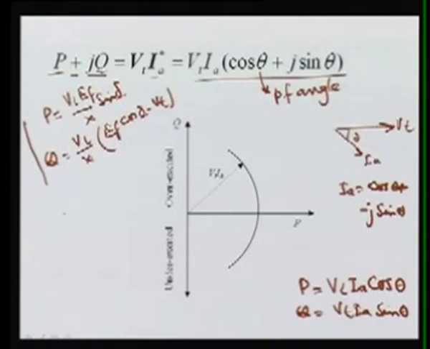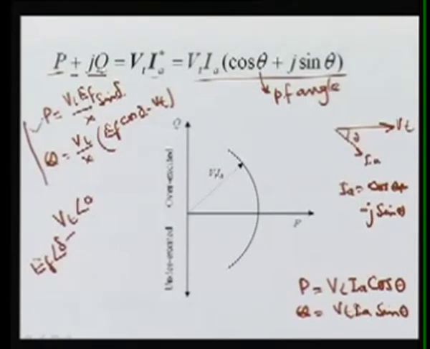Here we took Vt at angle 0 and Ef at angle delta, and then derived the expression. Here we are deriving in terms of theta. Our intention is to draw a curve for the armature current, because that is our primary objective. The previous equation had no armature current, it was in terms of excitation voltage as well as terminal voltage.